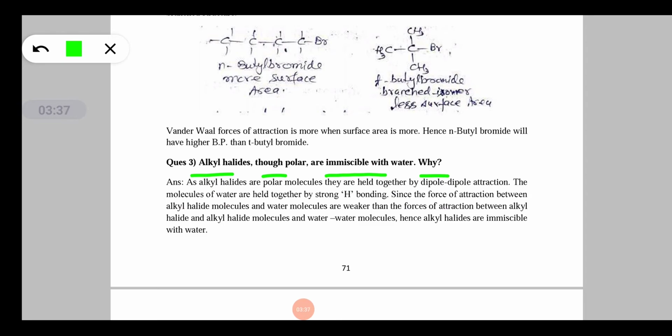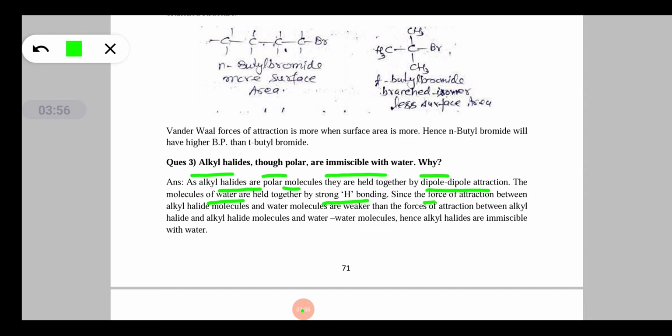But if you want to answer the same question in more detail, then you can write that alkyl halides are polar molecules. They are held together by dipole attraction, and the molecules of water have strong hydrogen bonding.